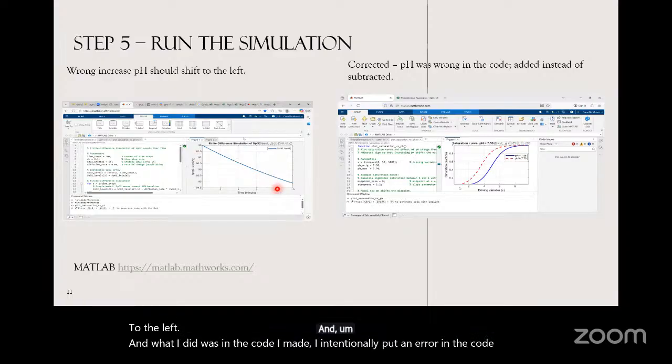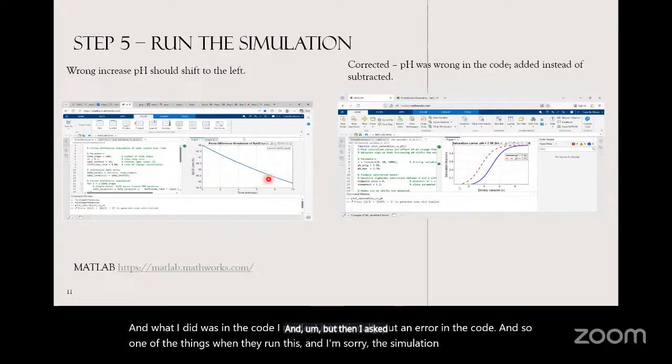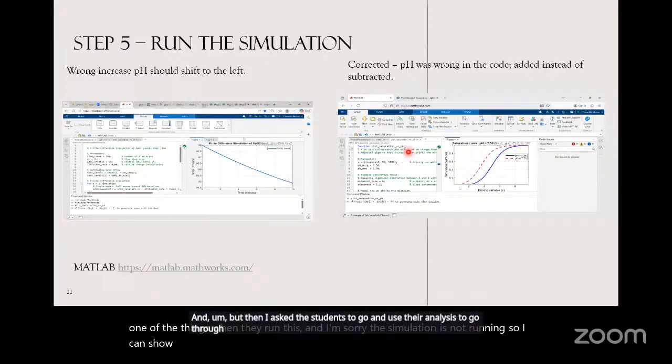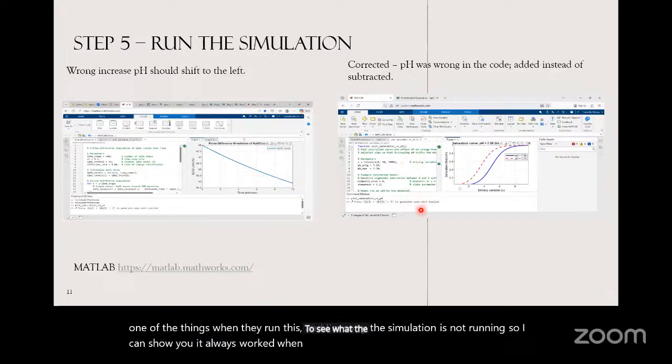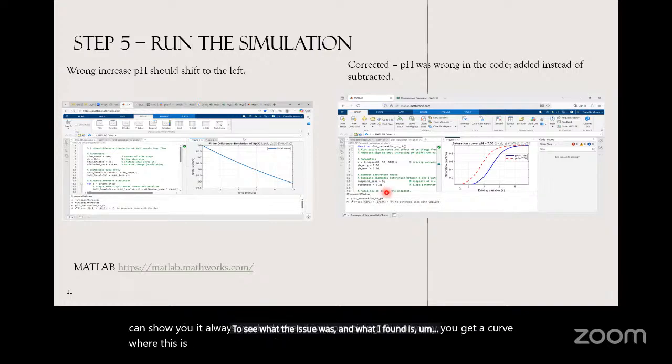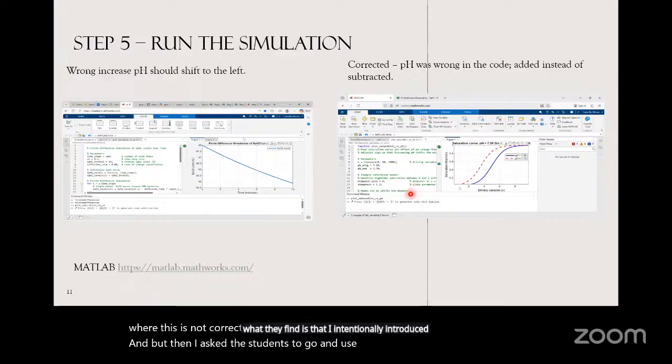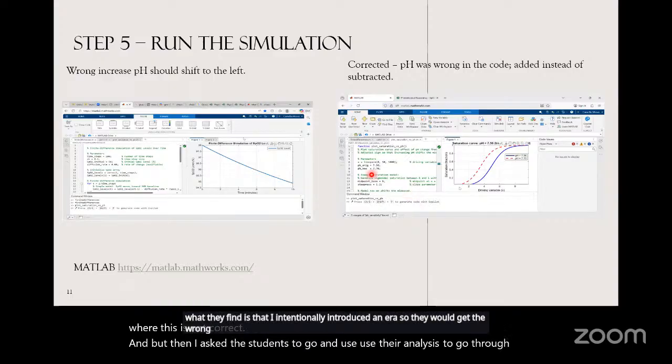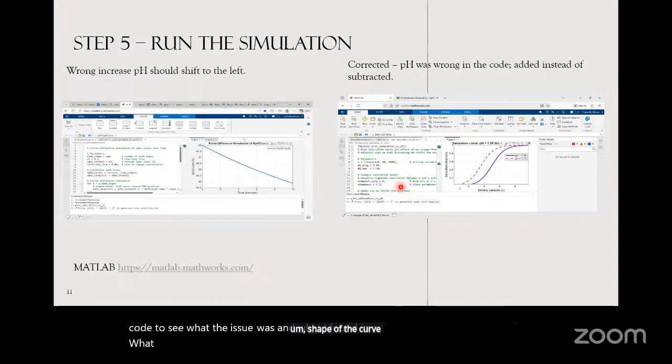But then I asked the students to use their analysis to go through the code to see what the issue was. And what they find is that I intentionally introduced an error so they would get the wrong shape of the curve. That is to make sure they understood the effect of a change in pH on the Bohr effect.